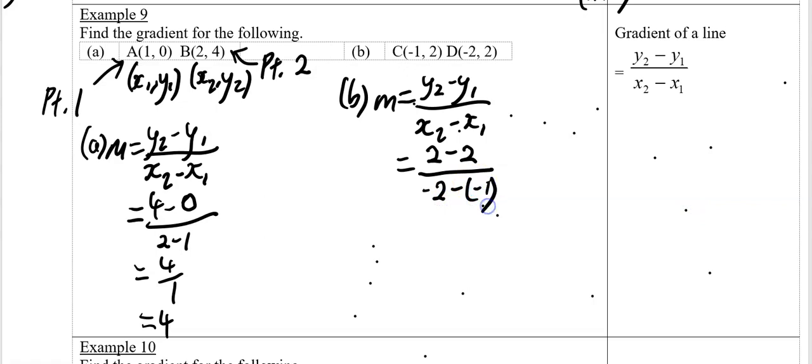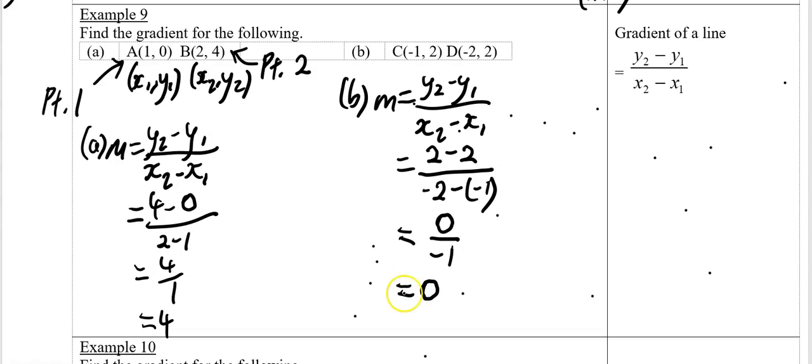Take note of the negative signs, it can get a bit confusing at times. So this gives me 0 over minus 2 minus minus 1 means it's minus 2 plus 1. Minus 2 plus 1 is actually my minus 1. So 0 divided by minus 1 is simply 0.